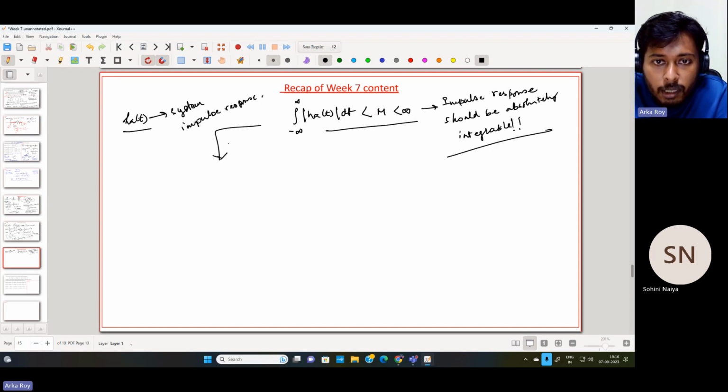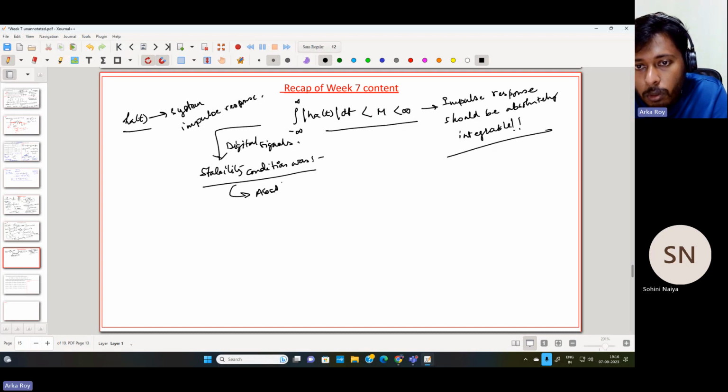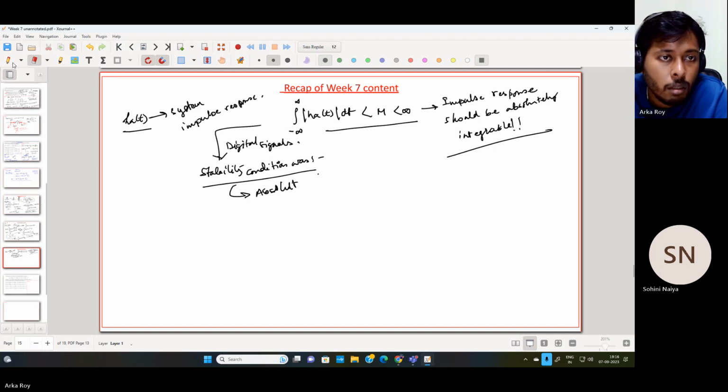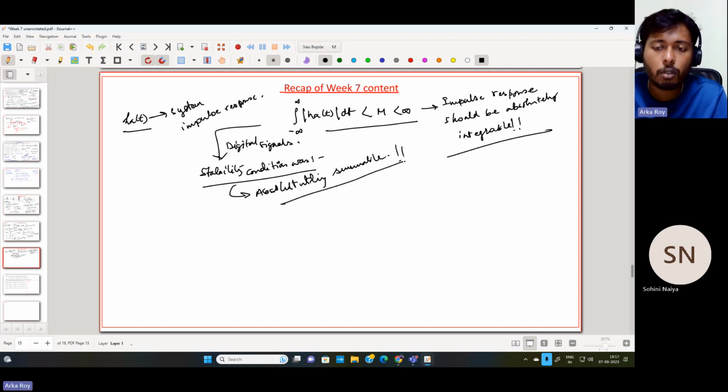and which we had already seen in case of digital signals. In case of digital signals, the stability condition was that the signal should be absolutely summable.